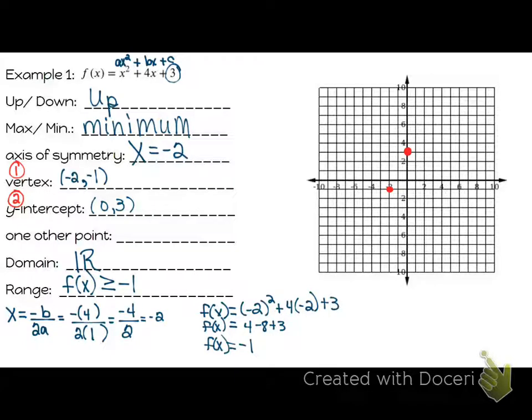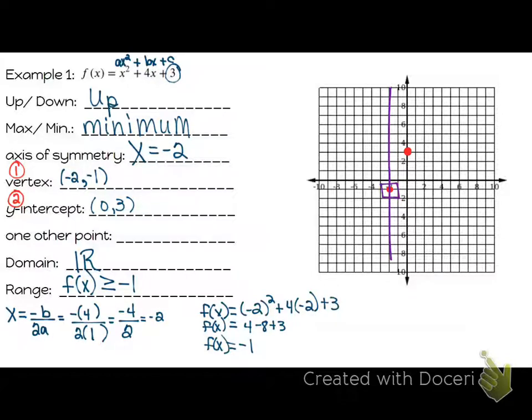Now, using your vertex, you're going to use symmetry to get an additional point. So we want to be able to fold it over at my vertex. So basically, I want to be able to fold it over from this line and have a point on the exact part of that other purple line, my axis of symmetry.